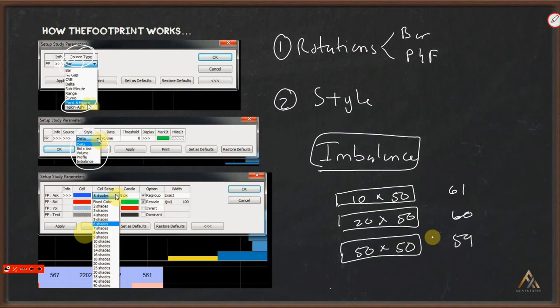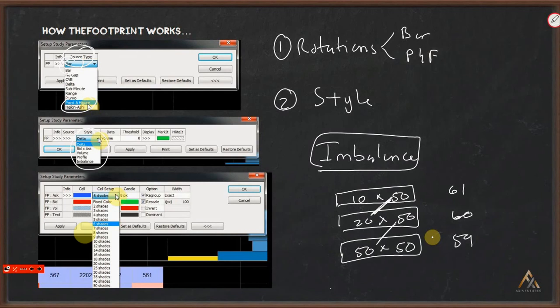So what it ultimately shows us is, between price 60 and 61, is there an imbalance in a diagonal way? Is there an imbalance between these two prices? All it's going to show us is, as prices are moving up or down, is there a sudden shift in the way buyers are buying higher prices or sellers selling lower prices?